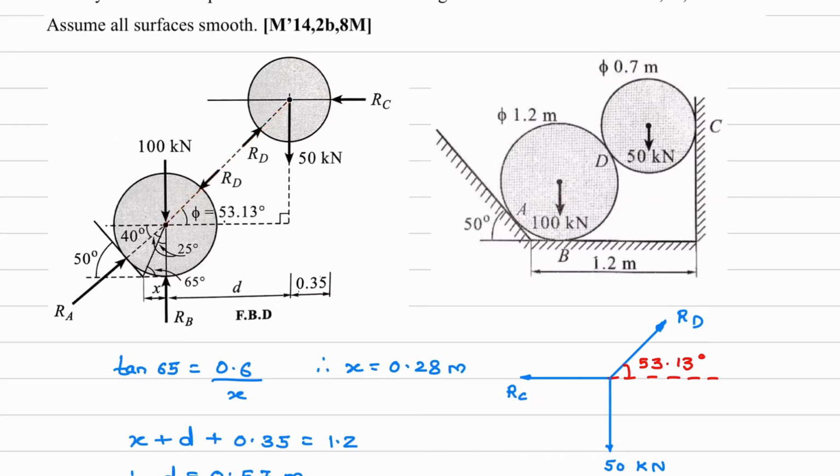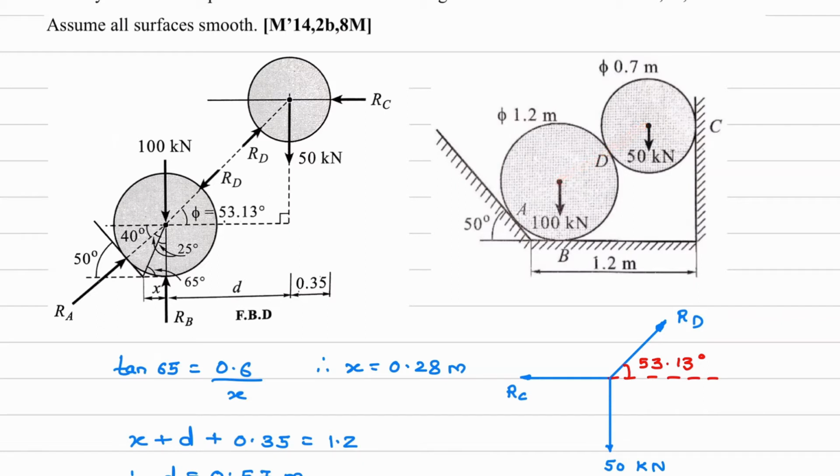What is this hypotenuse? Here you can see this is the center of the bottom cylinder and this is the center of the top cylinder. Now if you join these two centers, what will be this distance? It will be radius 1 plus radius 2. It is 0.6 and this is 0.35. So total will be 0.95.